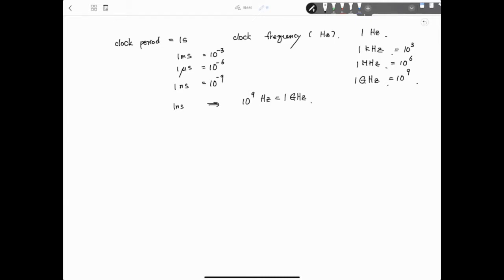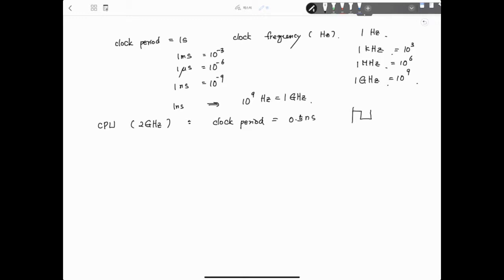Sometimes you can see advertisements about processors saying your processor supports 2 gigahertz. This means its clock frequency. Then what is the clock period of this processor? Yes, 0.5 nanosecond.